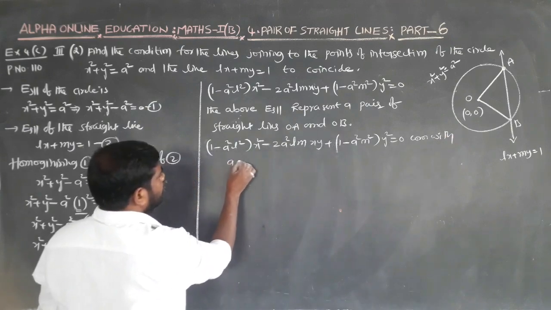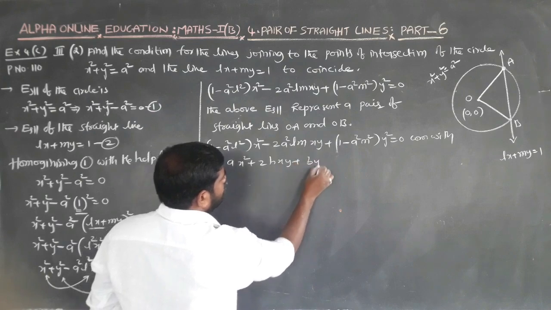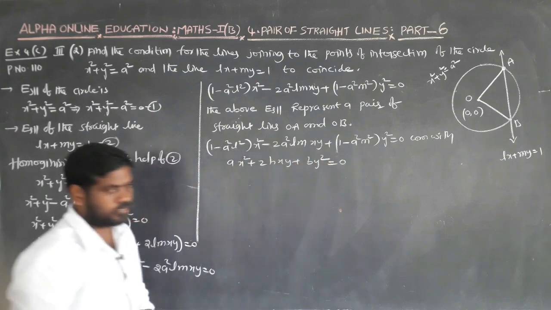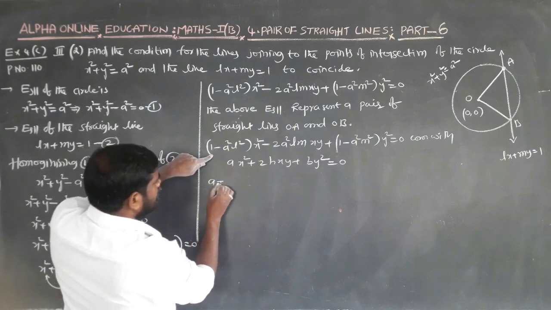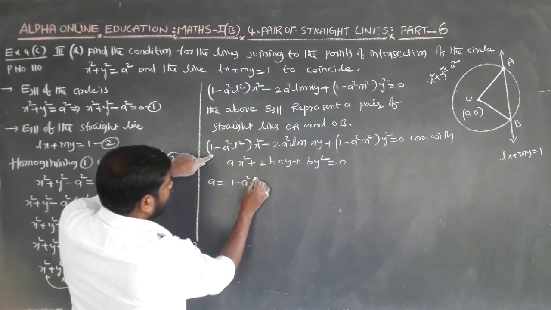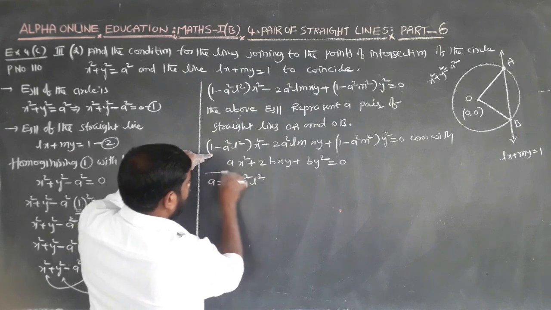Comparing with ax square plus 2hxy plus by square equal to 0, here a is equal to 1 minus a square l square.